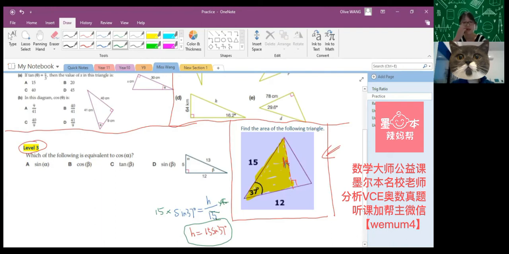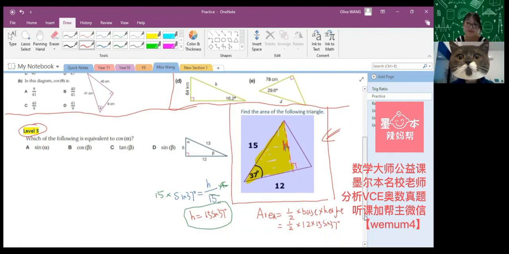What's the next step? Then you can put the height into the area equation. Area equals half times base times height, which would equal half times 12 times 15 times sine 37.